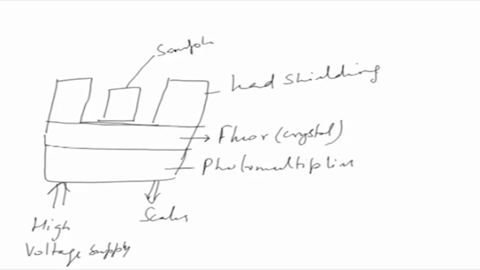So, what happens is that the radioactive sample is placed here. This is mostly gamma radiation, or radioisotopes emitting gamma rays, or a very strong, high energy beta emitter. It could be alpha also, but like I said, they are not so much used.